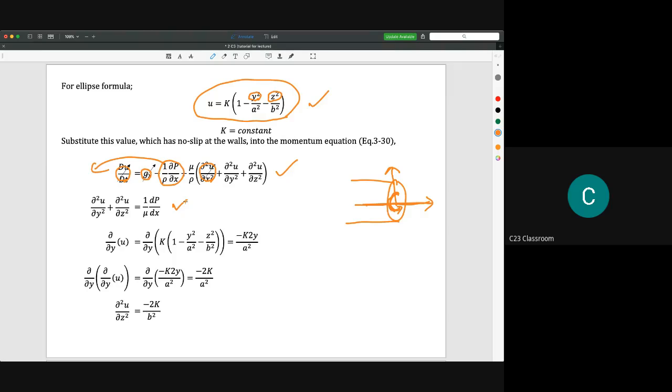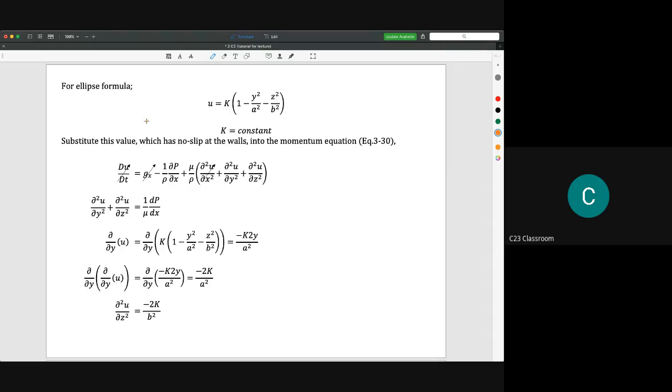Then we could start to substitute the value. We know the value here is given like this. So we substitute the value of u here, and if we differentiate it, we could get this one, because it is only affected by the y square here.